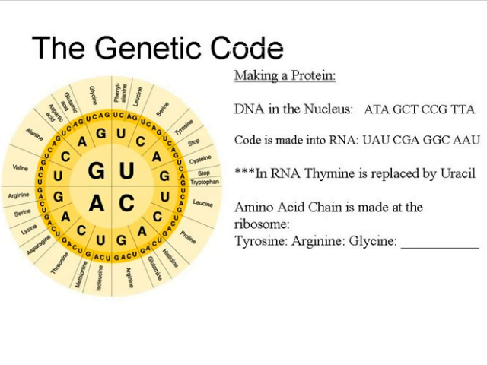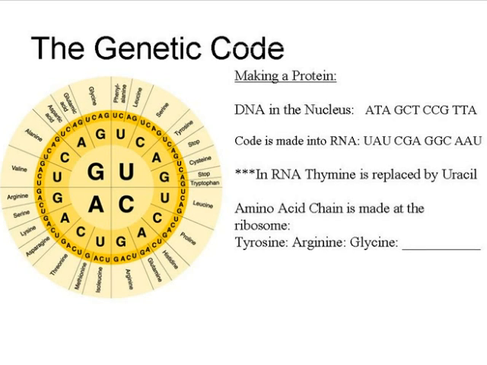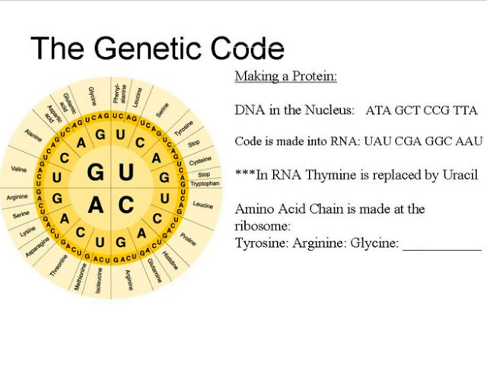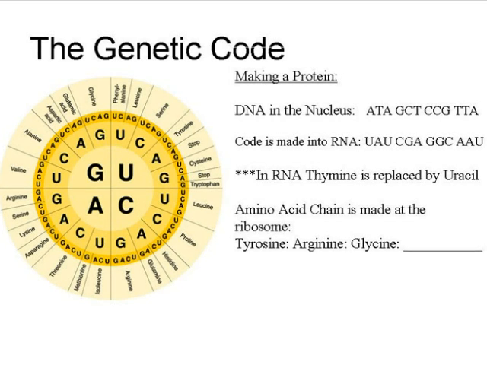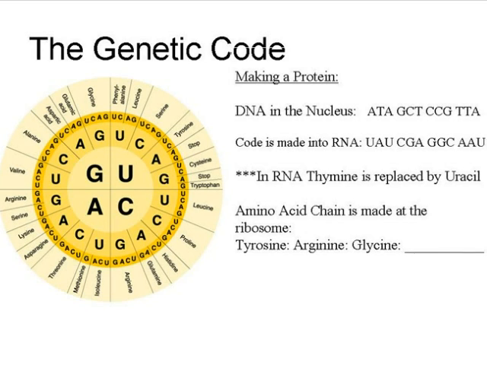To find this, start in the middle of the genetic code wheel with the largest letter and then work yourself toward the amino acid name. For example, the second codon, CGA, codes for the amino acid arginine. The third codon, GGC, codes for the amino acid glycine.